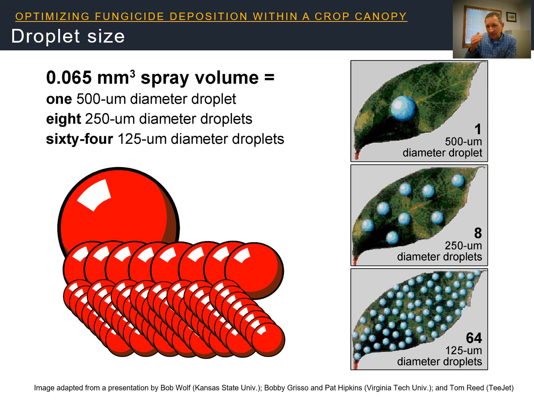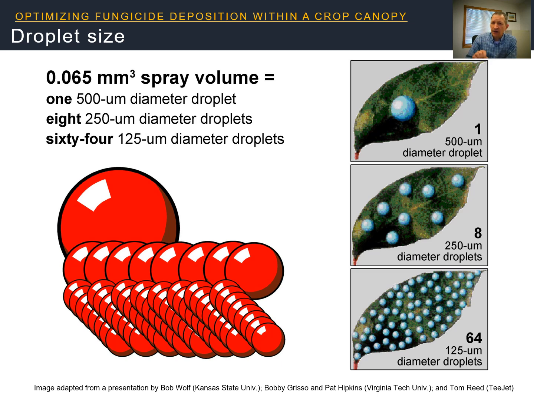If we cut that droplet diameter in half again, and we have those 64 droplets, and that same volume is deposited on that leaf, just by pure chance, those 64 droplets are going to be distributed much more evenly across the surface of the leaf. And when you get that local systemic movement, it's going to give protection to virtually all of that leaf.